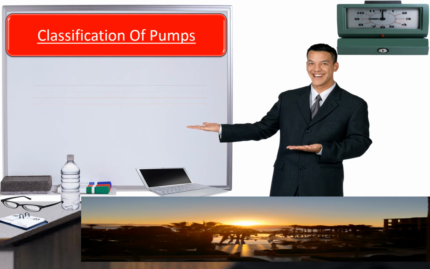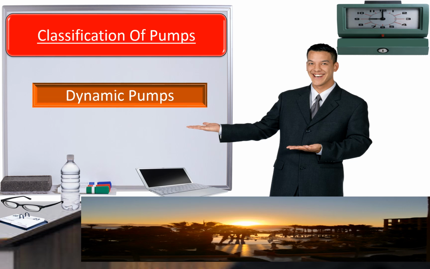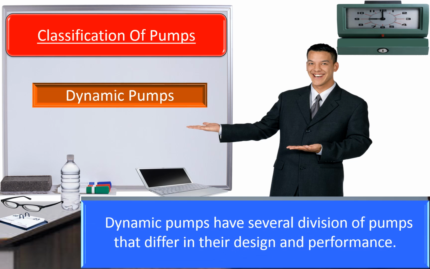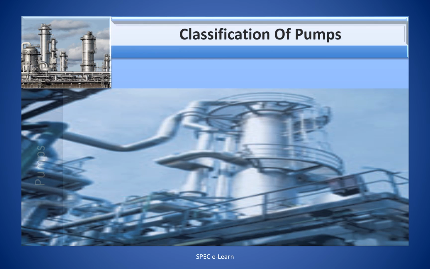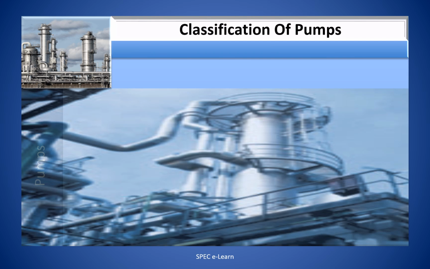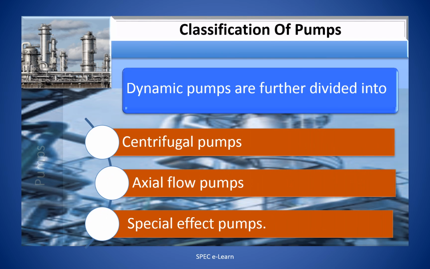Dynamic pumps. Dynamic pumps have several divisions of pumps that differ in their design and performance. Dynamic pumps are further divided into centrifugal pumps, axial flow pumps, and special effect pumps.